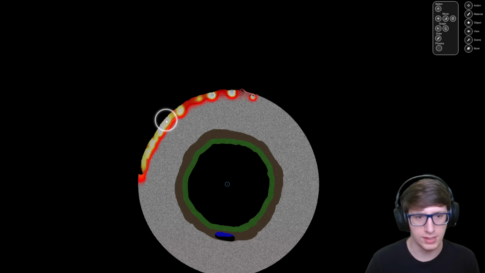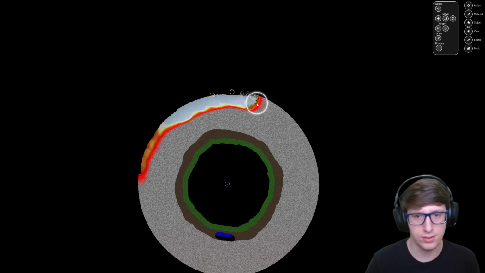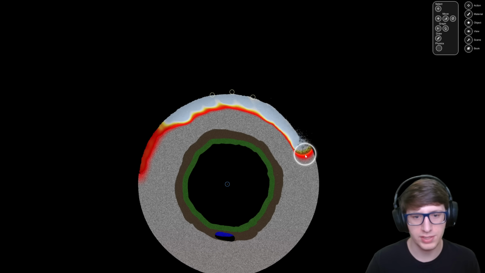See if I'm able to get the entire edge molten. Here we go. We're just inverting the planet. Makes me incredibly happy. The core is on the outside.